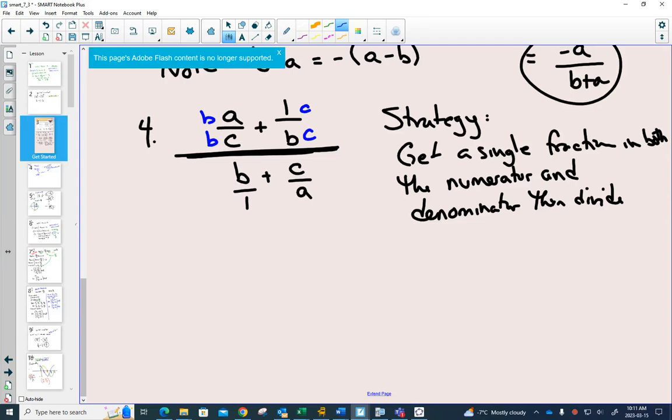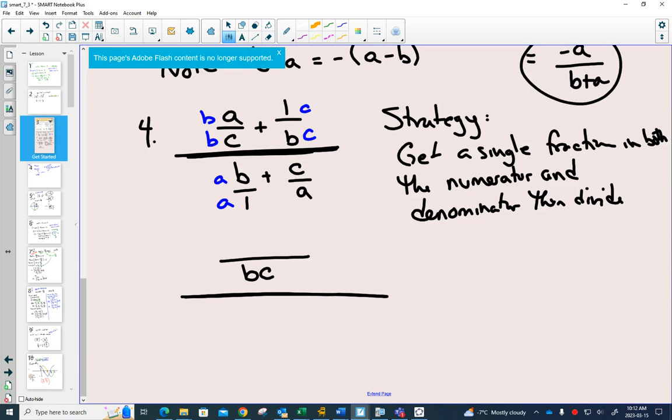In my denominator, to get a common denominator, this one's going to need to be multiplied by A and A. What do I get? Here's my main fraction line. Can you see in my numerator, I would get a common denominator of BC.